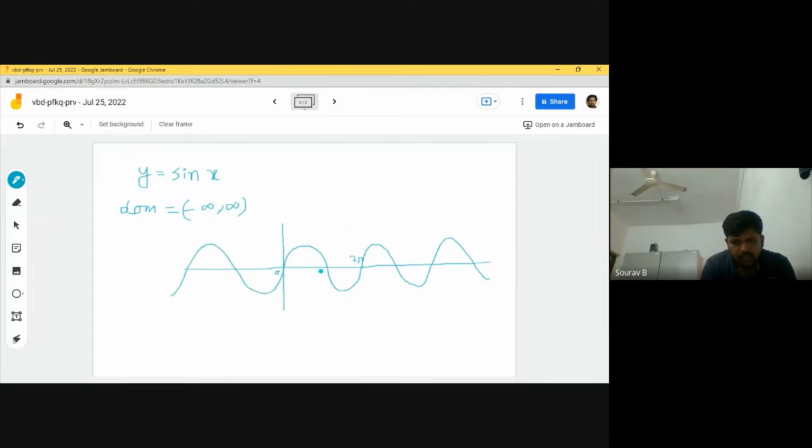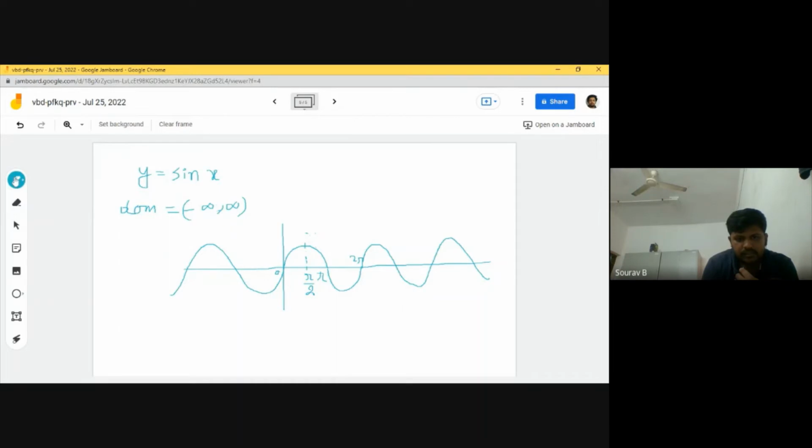So at the multiples of pi, the value of the function is 0, and at the odd multiples of pi by 2, the value is either, sorry, this is pi by 2 and this is 1.